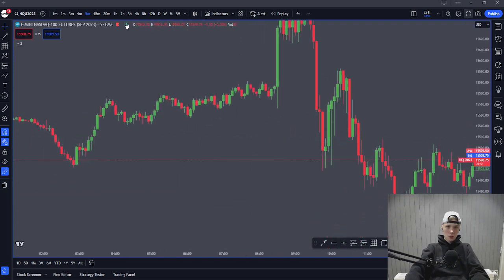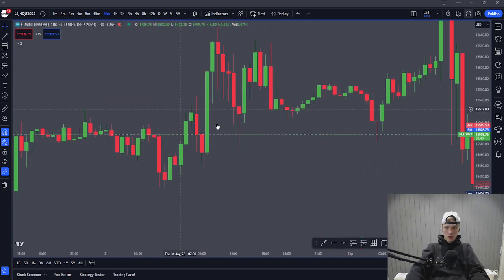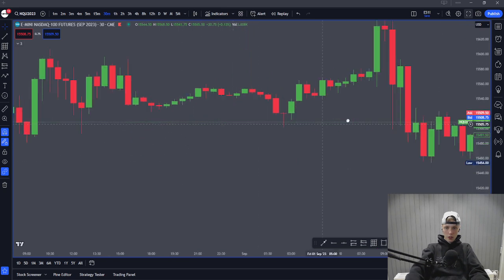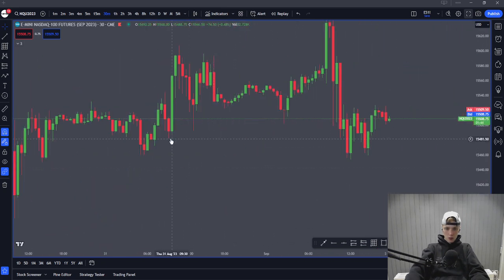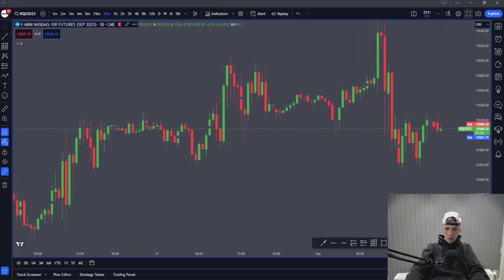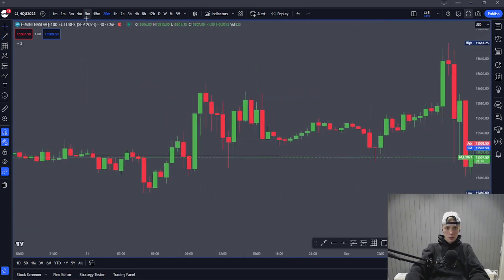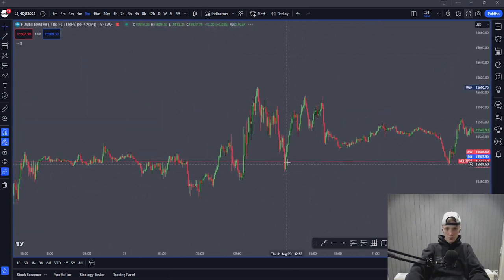Power of 3. For the power of 3, you need to mark out the midnight open. I'm going to do Tuesday. For Tuesday, you need to find the midnight open. This is a bullish candle, so you find the opening price of said bullish candle. Then we go back to the 5-minute chart and mark this out. This is the midnight open.